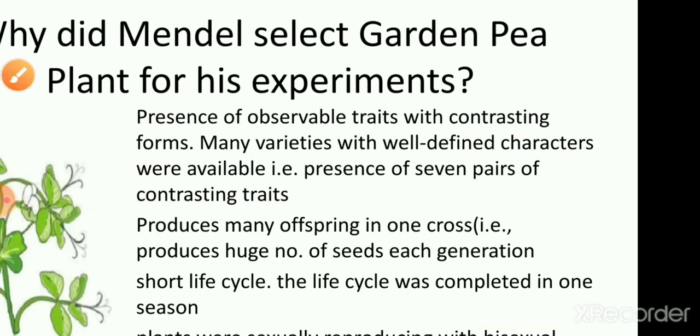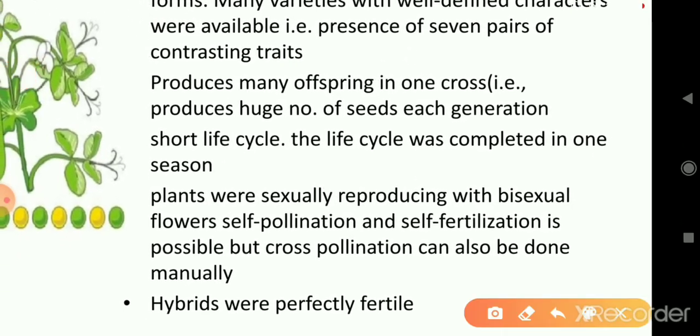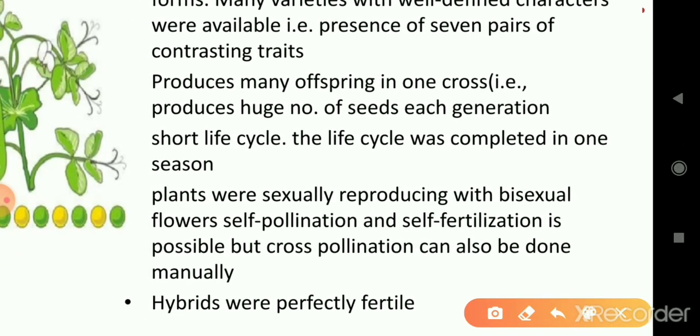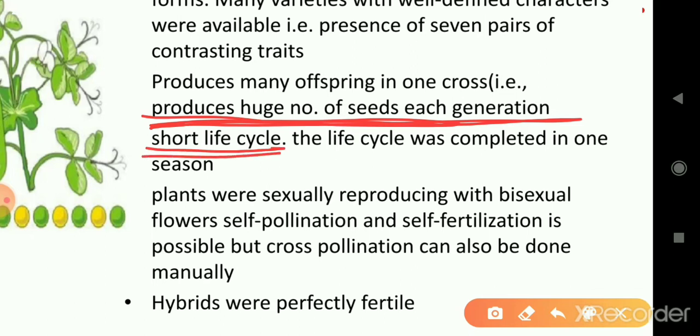The other reason for his selection of this plant was that it produced a huge number of seeds each generation and had a shorter lifespan. The pea plant is an annual; it completes its life cycle in one season, so he could get quick results.